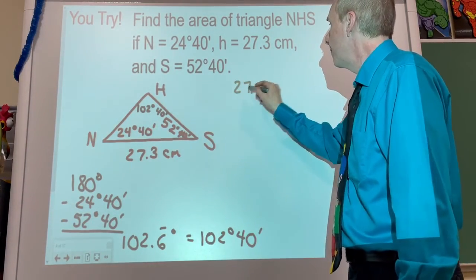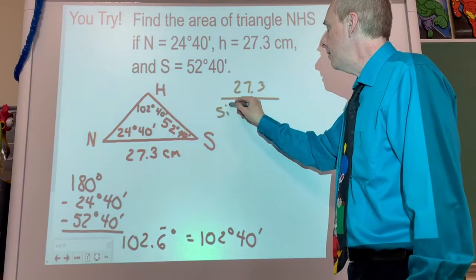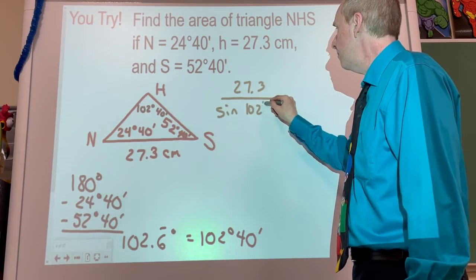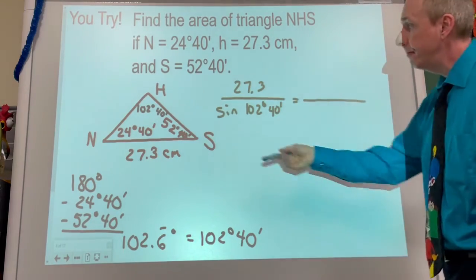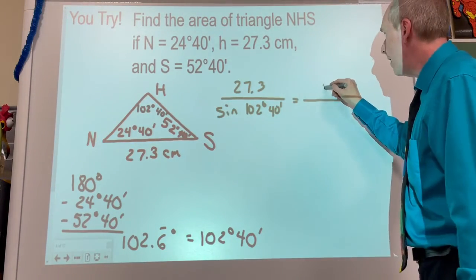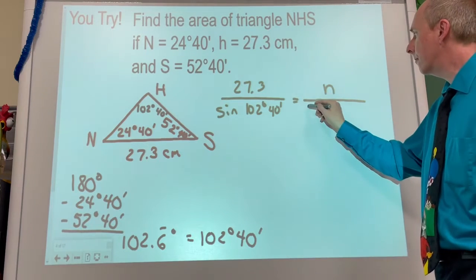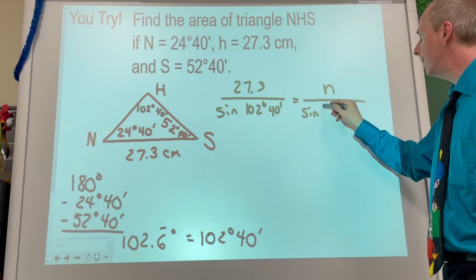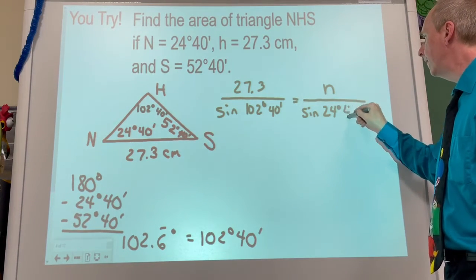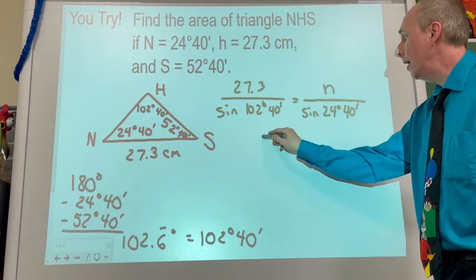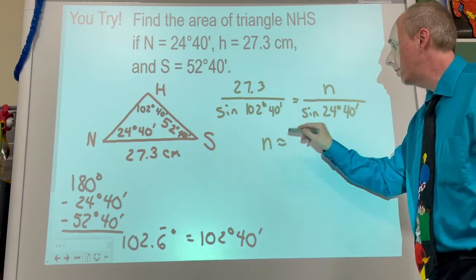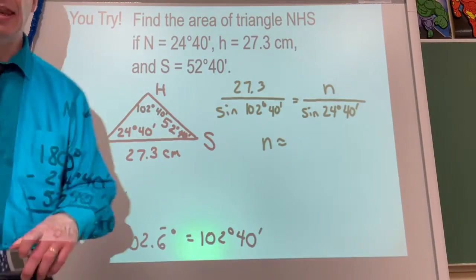27.3 over sine of 102 degrees 40 minutes equals, I don't know, little n over sine of 24 degrees, 40 minutes. Cross multiply and see if you can come up with your side for n.